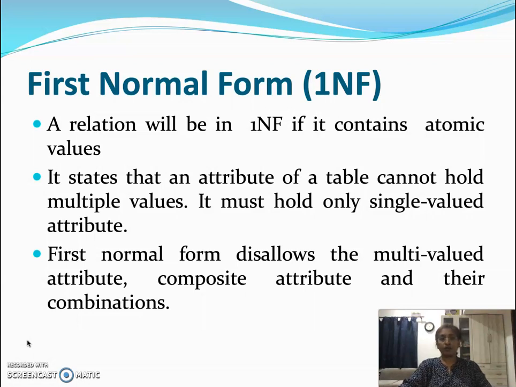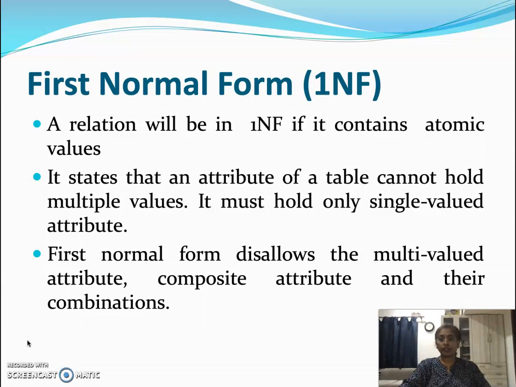The first normal form has certain rules, like the 1NF should contain atomic values. It should only hold single valued attributes, and also it disallows multi-valued attributes and their combination.